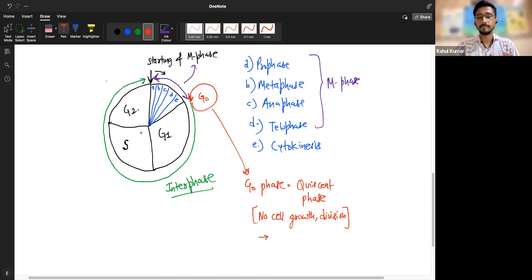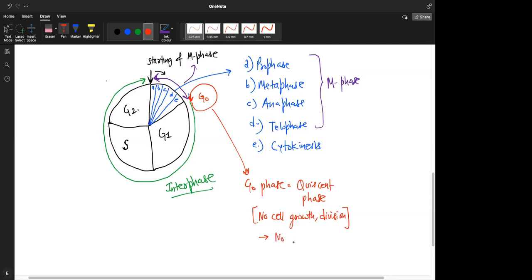They do not go into the synthesis phase, replicate their DNA, then go into prophase, metaphase, anaphase, telophase. They don't do this anymore. So it's called cell cycle arrest. They do not participate in the cell cycle.